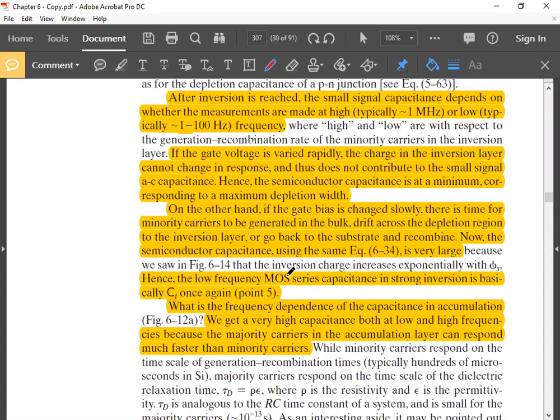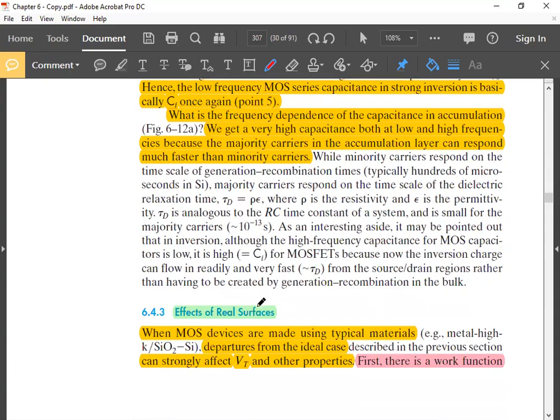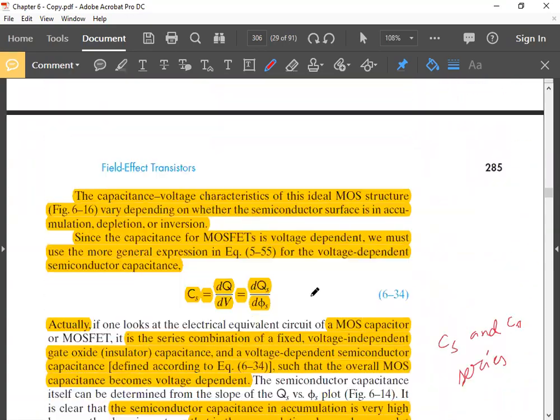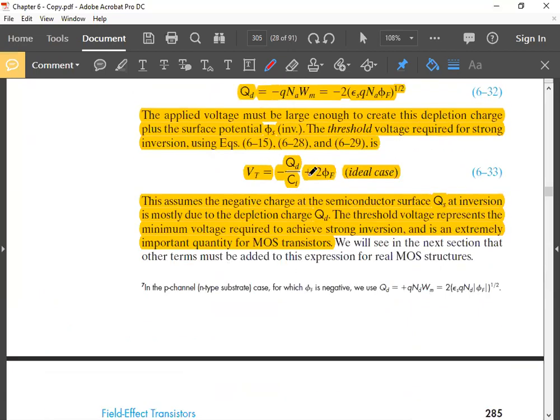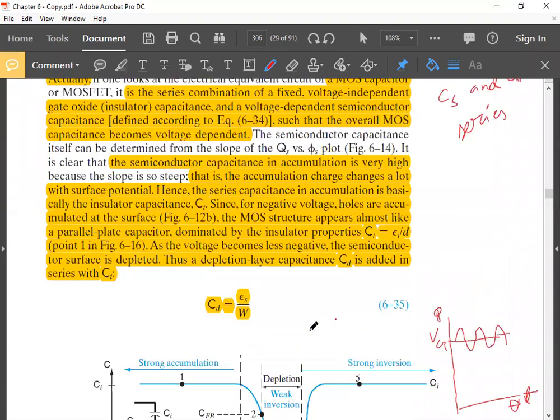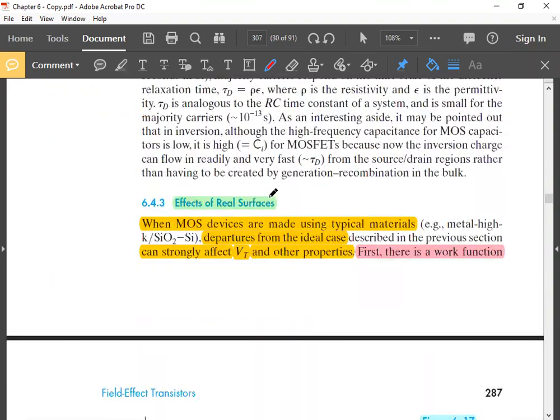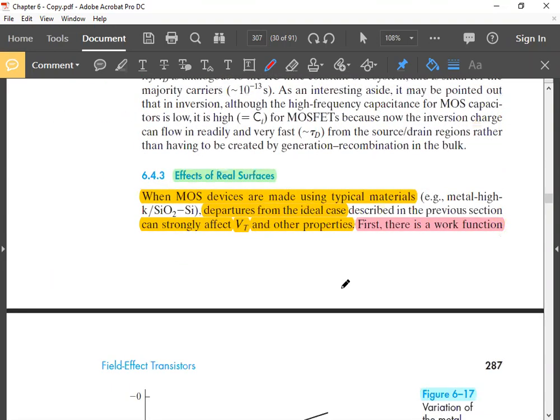Now we'll move on to the effects of real surfaces. So this is actually related to this VT. This VT corresponds to the ideal case. Now I told you we have ignored some practical scenarios which we will include here. Because of that, a few terms will be added here. Two effects we have ignored.